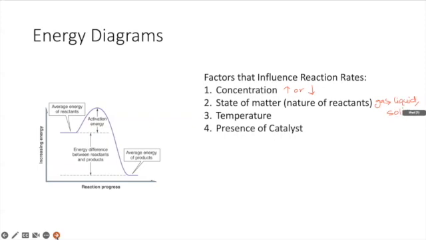If I'm going to do some kind of reaction with a gas, like we talked about, that's favorable. The universe likes gases. And so that's probably going to speed up if we were to use, let's say, hydrogen gas over liquid version of hydrogen. That's probably going to speed up our reaction.